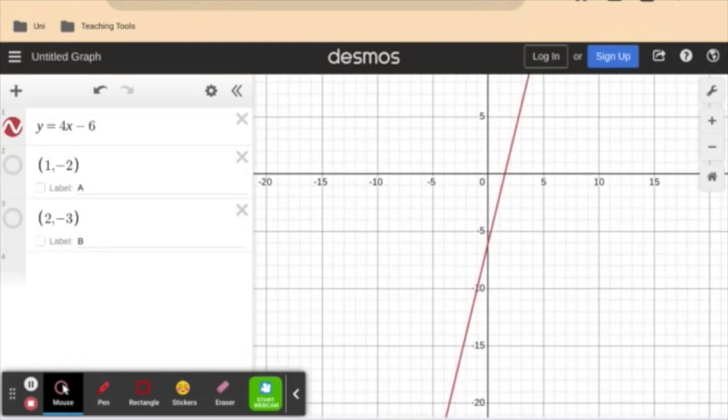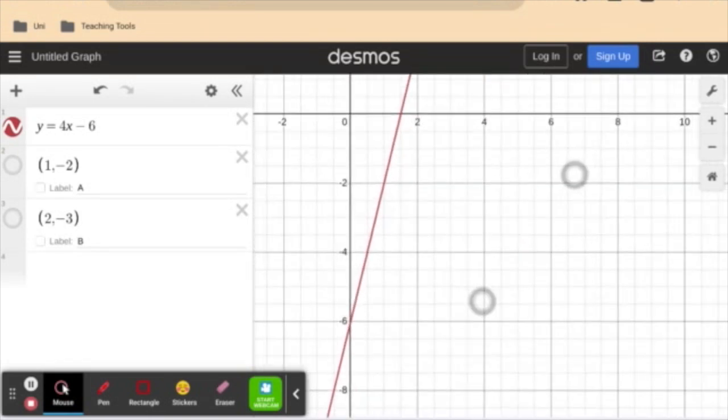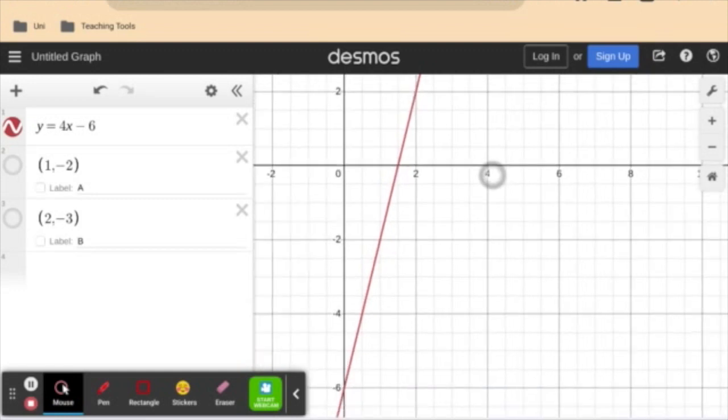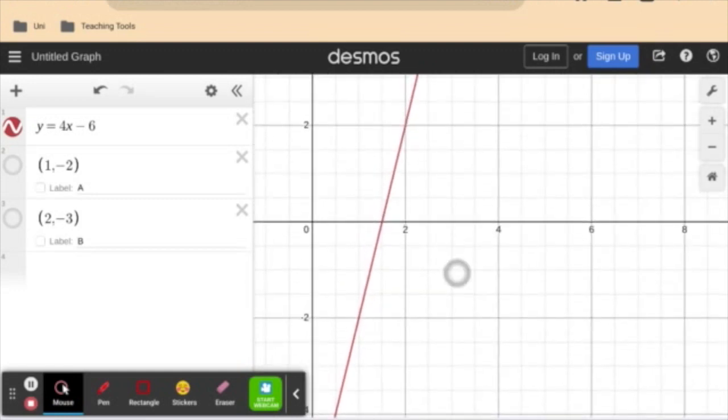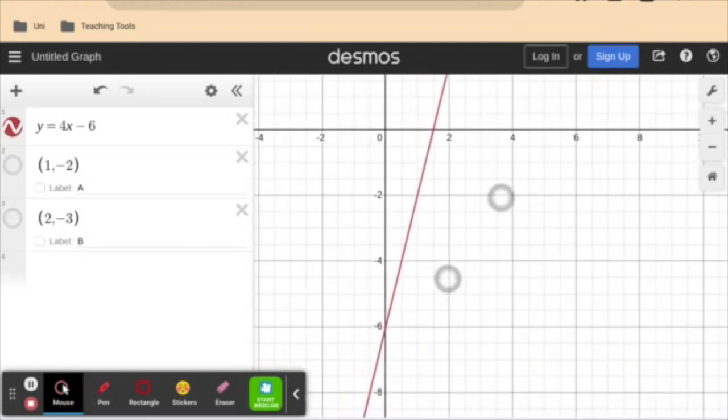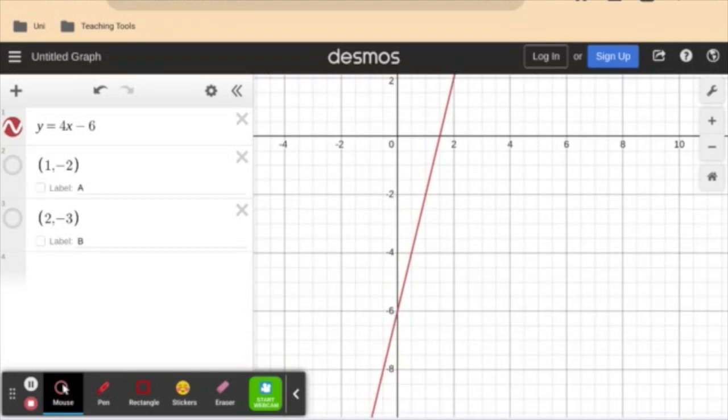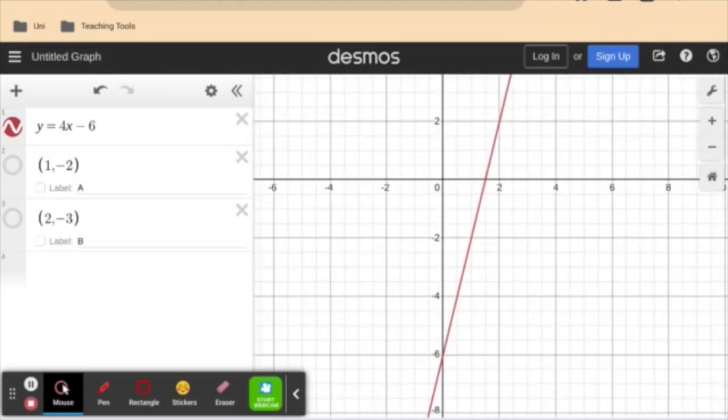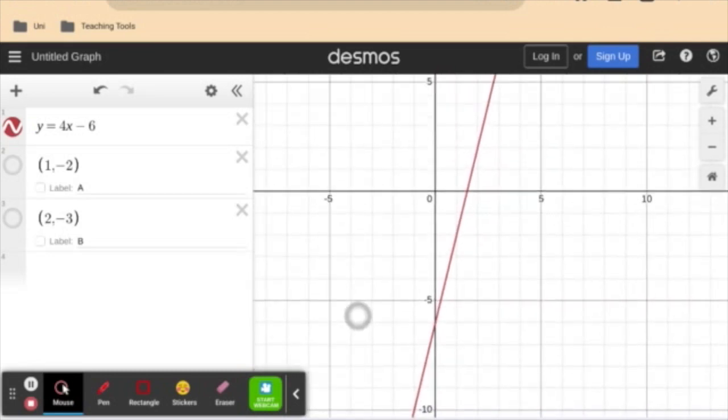And it's got a gradient of 4. So for each 1 unit in my x direction, I go up 4 units in my y direction. Feel free to draw this on some grid paper and verify that this graph is correct.